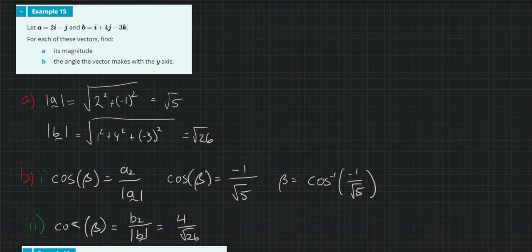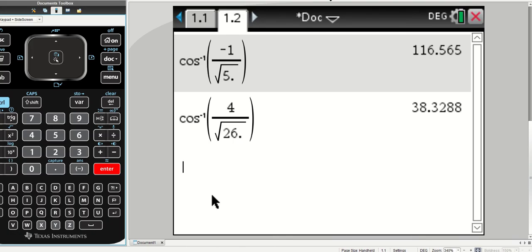So beta has to equal inverse cos of 4 on root 26. Let me pause this video and get that done on the CAS.